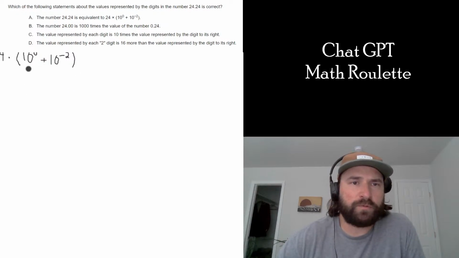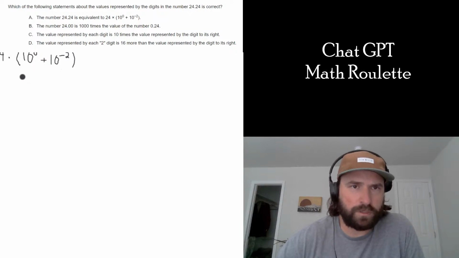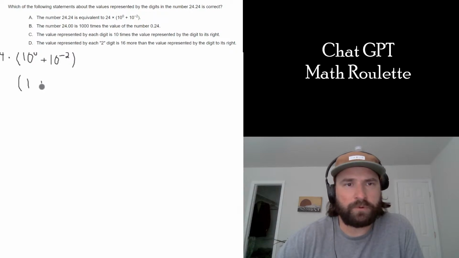So first, why don't we simplify 10 to the 0th and 10 to the negative 2? Well, 10 to the 0th power is just 1. And then we're adding 10 to the negative 2.